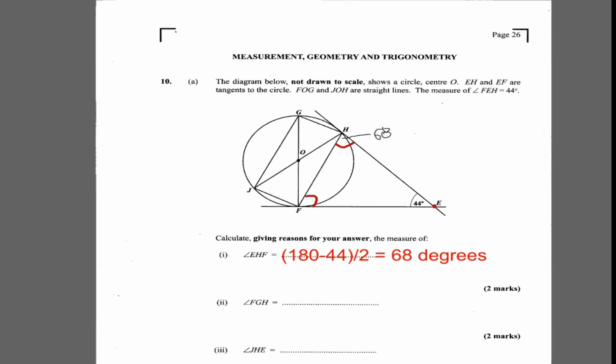All right. What's the reason? Go ahead, tell them the reason. You can tell them that triangle HEF is isosceles, and so angle EHF is equal to angle EFH.